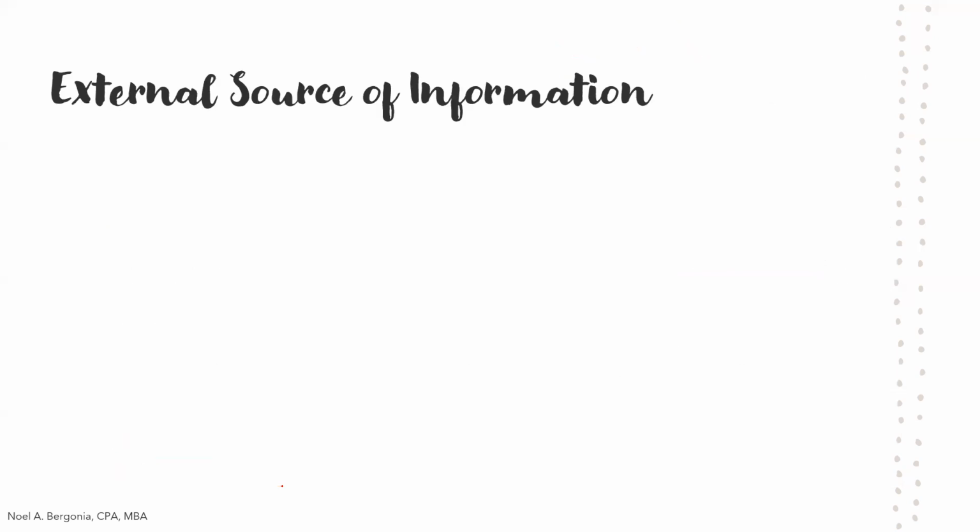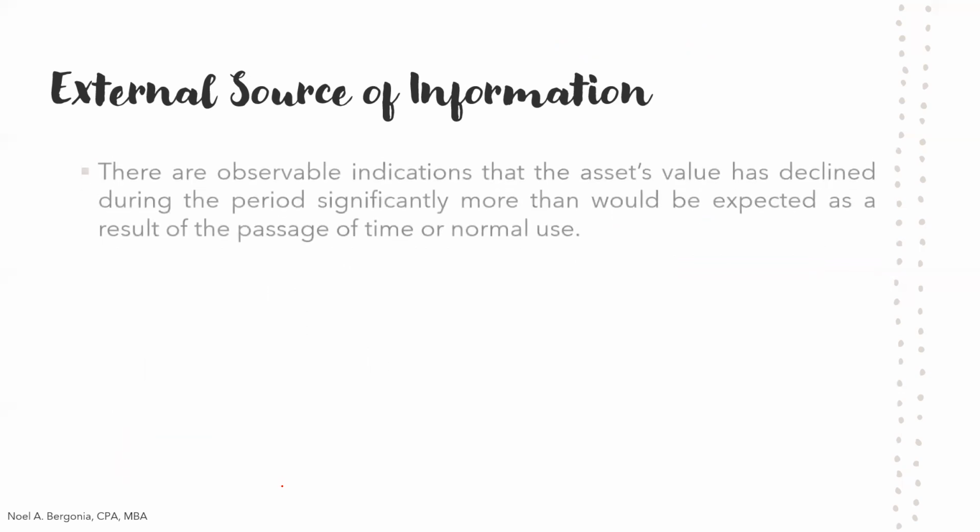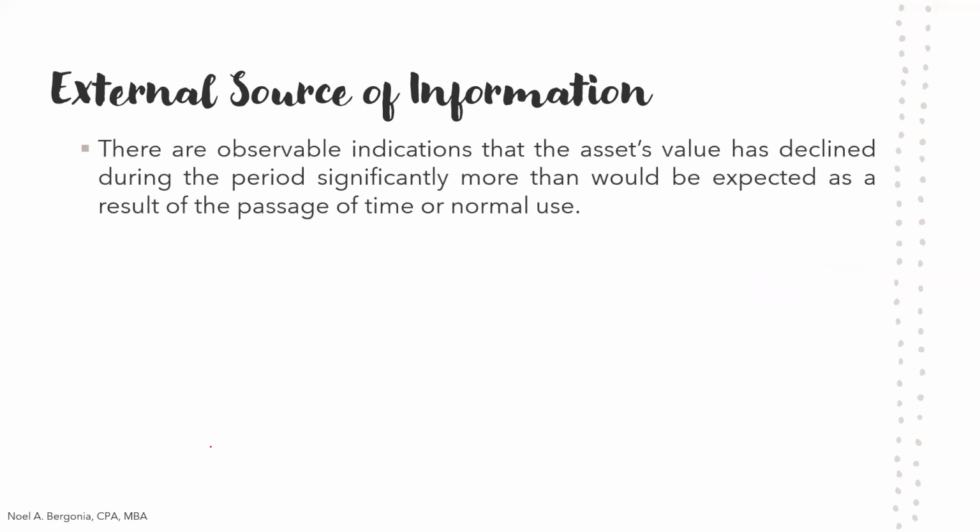First, as to the external sources, in accordance with IAS number 36, there should be an observable indication that this particular asset's value had already declined significantly over the period of time because of the passage of time.